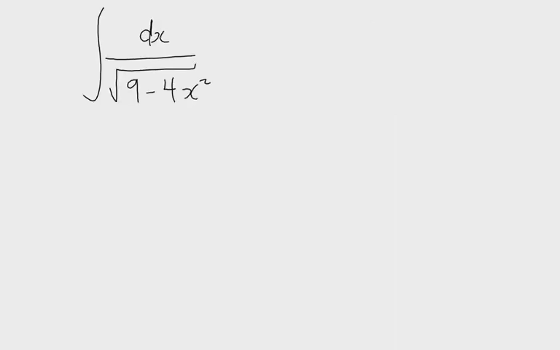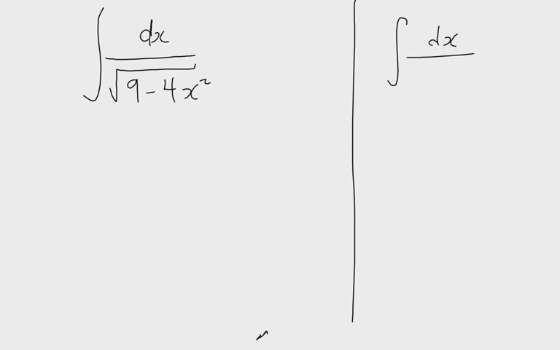Now, in this case, first compare it with the standard integral. If you note the standard form, a squared minus x squared. Okay, and compare it with that. When you compare it with this, it's going to give us 1 over a sine x over a.